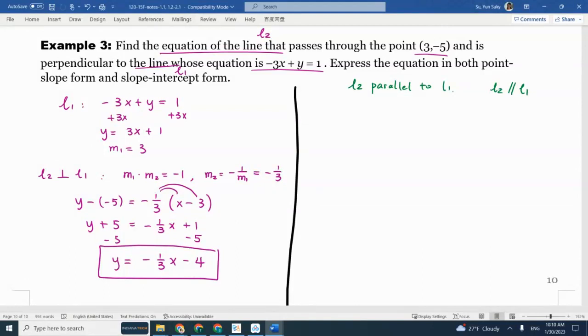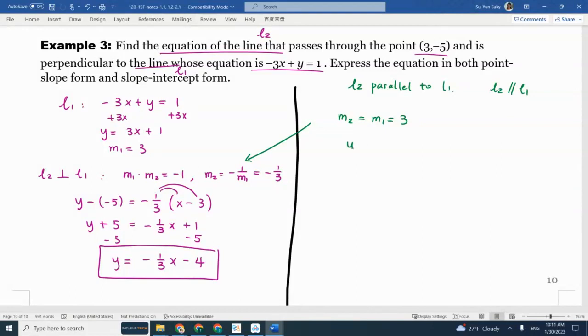Yeah. Okay, then M2 will be the same as M1, right? If they're parallel, the slopes are the same. Then that equals 3. Right, everybody? And then we have the slope. We have the point. Then we can use point-slope form.